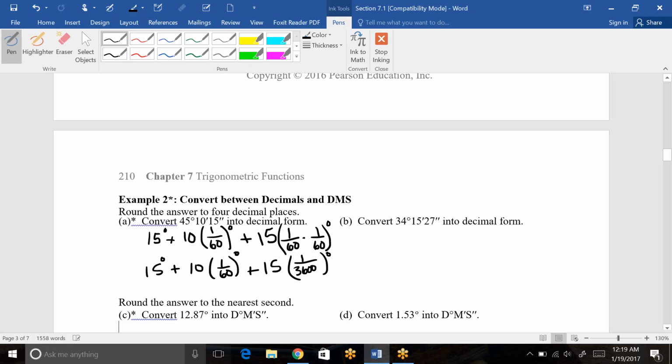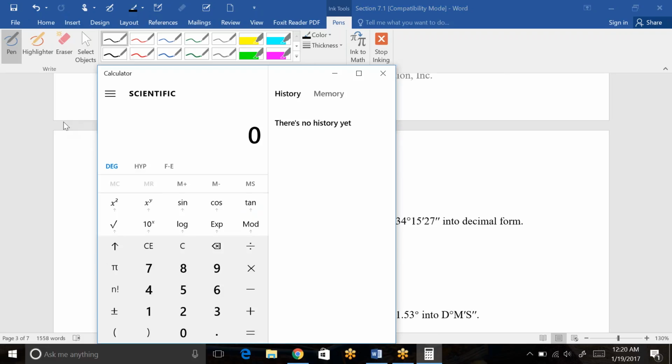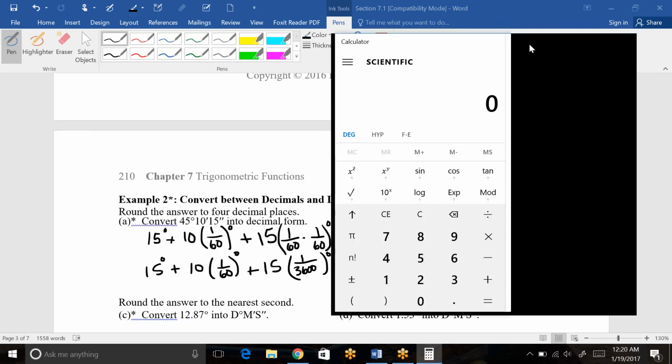So then we're just going to work this out. I'm going to get my calculator. Actually, I'm going to work out the fraction parts first. So 15 divided by 3,600. I'm not going to clear my calculator at all until the very end. I'm going to round then.